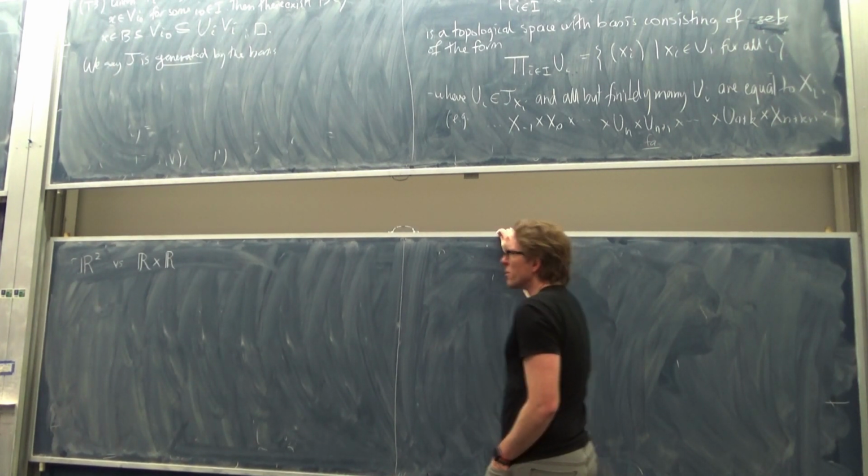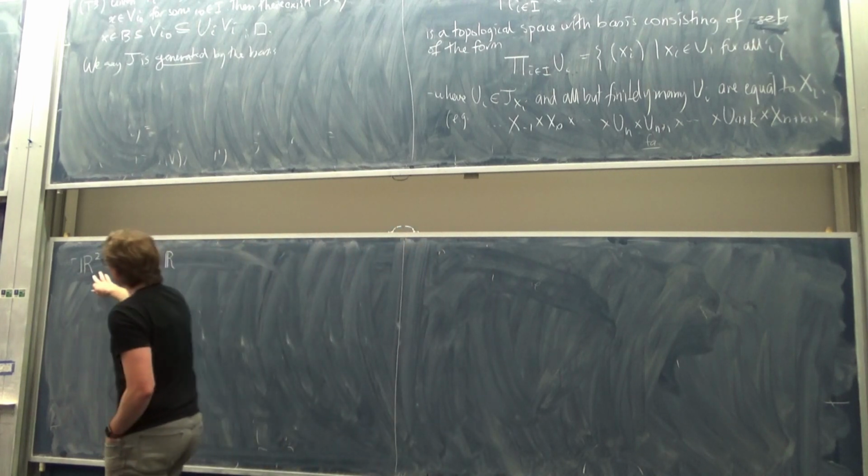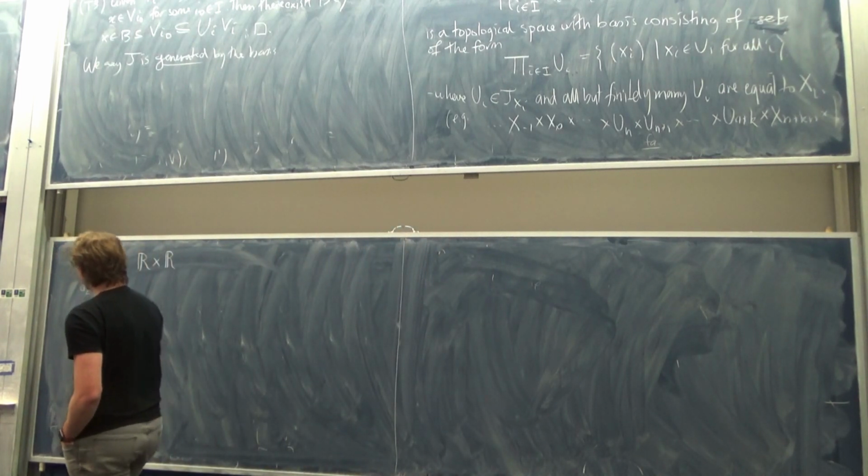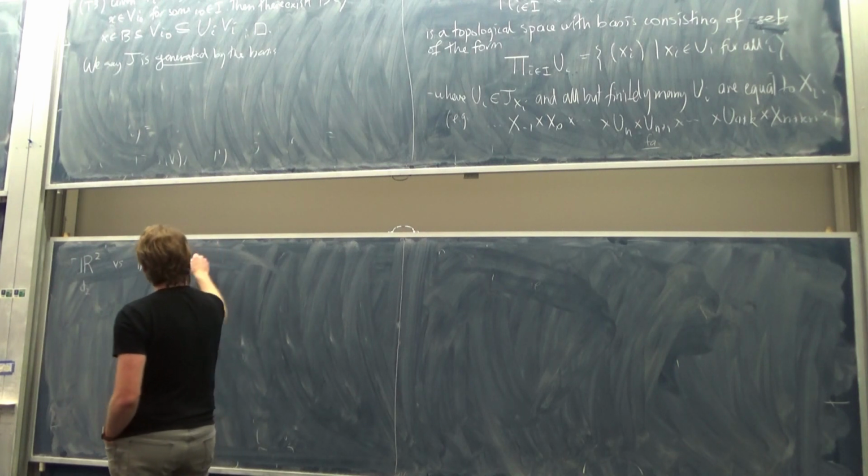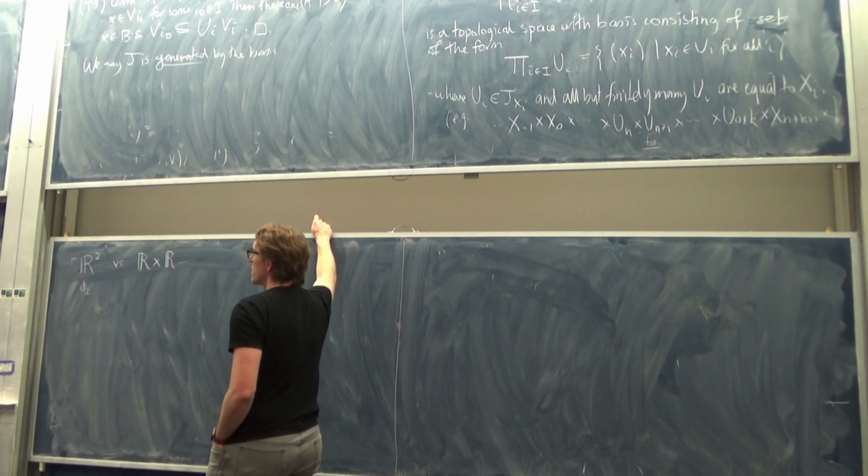I mean, by this I mean give this the topology induced by the D2 metric, and by this I mean the topological space I've just defined.